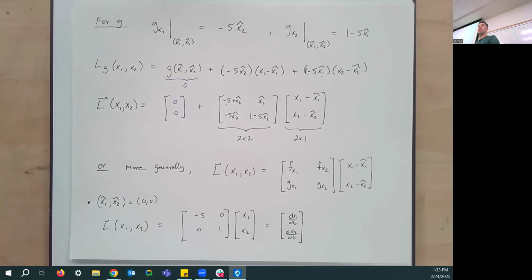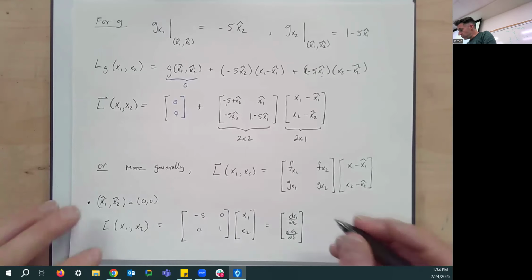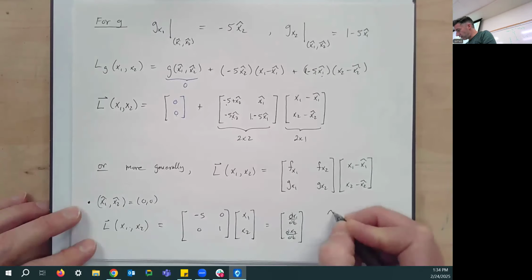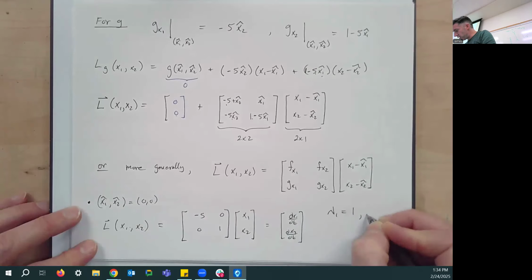So what does this mean? Locally around 0, 0, it looks like a saddle, since our eigenvalues are +1 and -5.